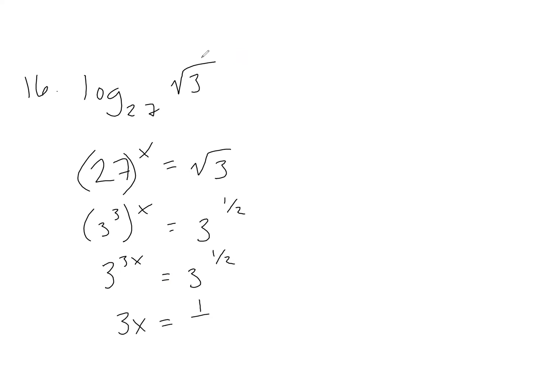So 3x equals 1/2, and then you're going to divide by 3, which is the same as multiplying by 1/3. I'm going to multiply by 1/3 on each side. The 3 is reduced because 3 over 3 gives you 1, so you get 1x. 1x is equal to 1/2 times 1/3, which is 1/6.